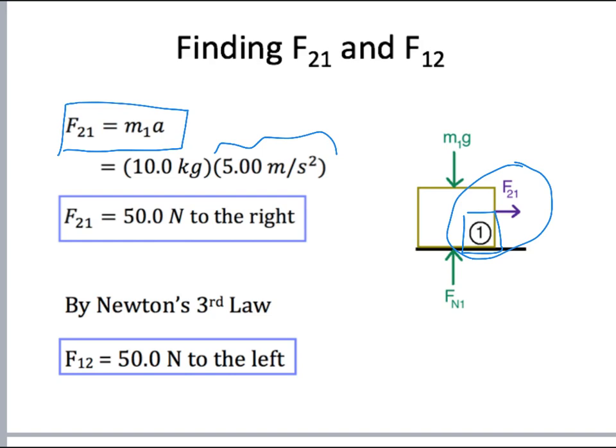Now, the force on the other block, in the opposite direction, was F12, and we know by Newton's third law that it just has to be equal and opposite. So that force would be 50 Newtons to the left. On a test, you could say by Newton's third law, it's 50 Newtons in the opposite direction, equal and opposite.